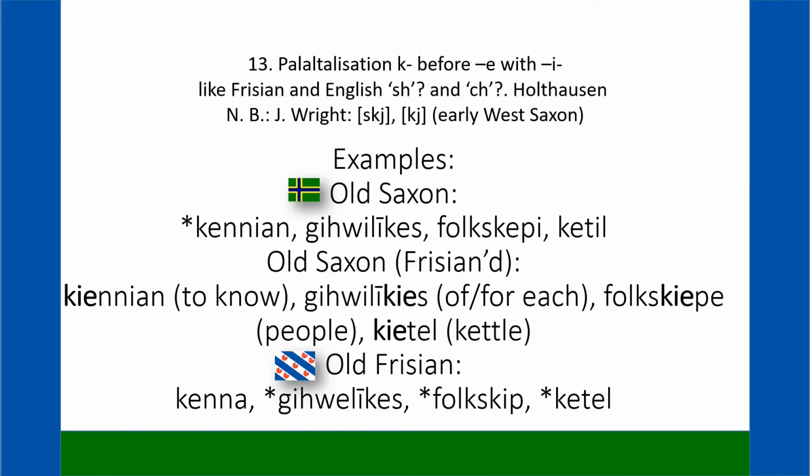But moving on to the Old Frisian, Kenna, gewelliges, Volksskip, and kettle. I mean, very well, these could be pronounced with a ch sound and a sh sound. But this is probably an interesting discussion in and of itself, but let's move on.